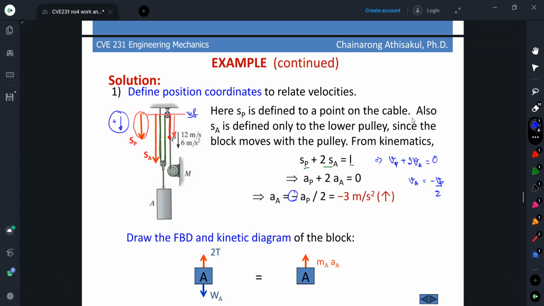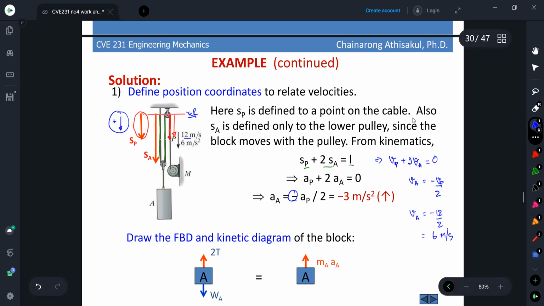According to the problem, point P is moving down with 12 meters per second. So A is moving up with minus 12 over 2, so A is moving up with 6 meters per second.